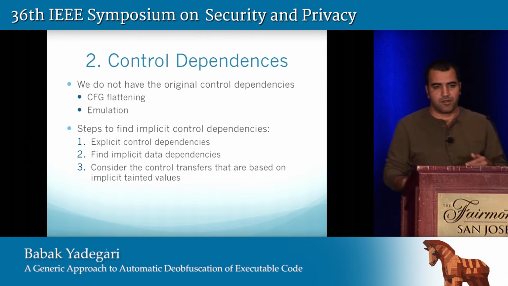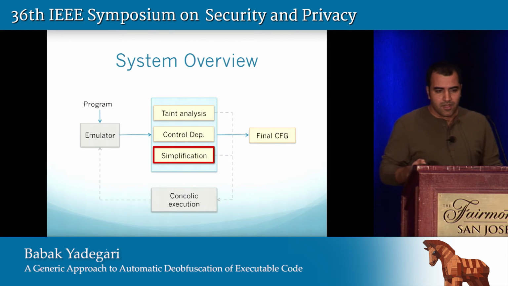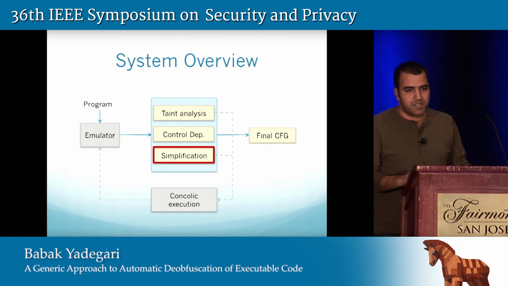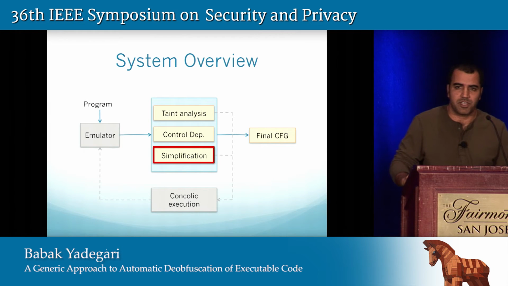So we actually treat those control transfers like conditional jumps. So then after finding the control dependencies, we have actually identified significant instructions or statements in the trace that we want to keep.